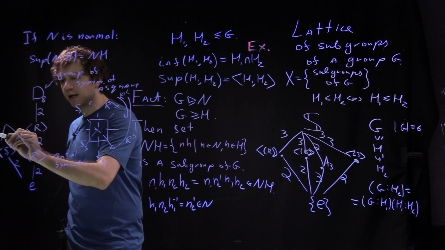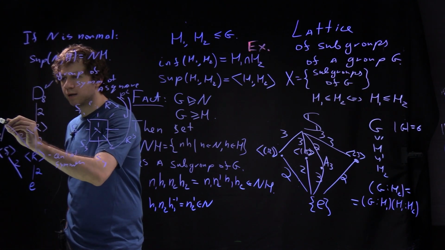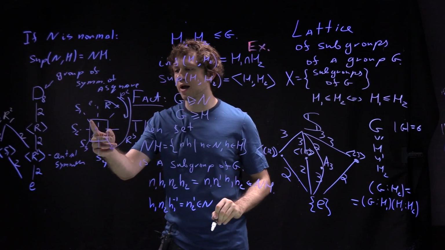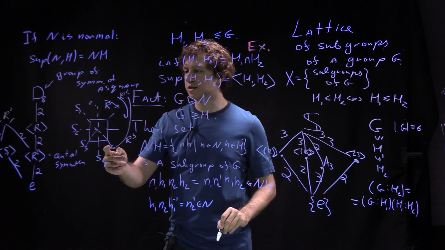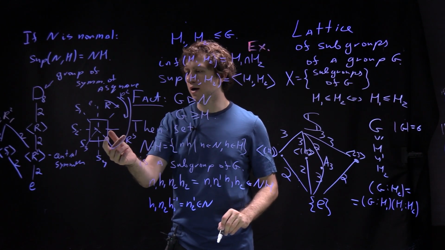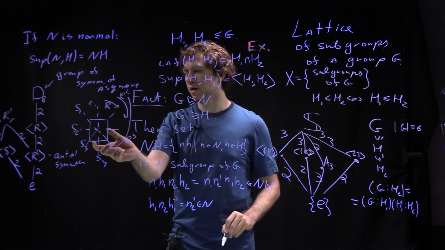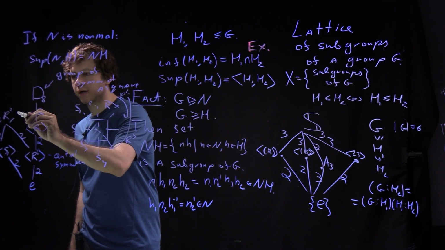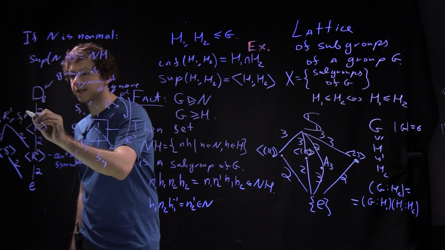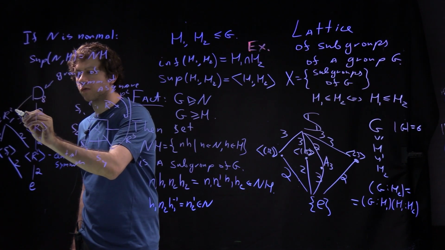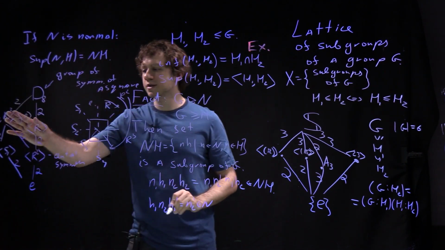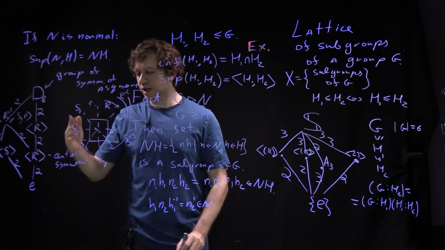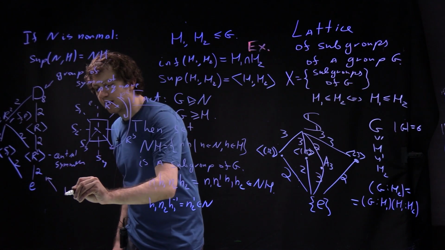This will contain S1, r squared, and it's easy to see that if you have S1 and r squared, then you actually have S2 as well, S3 and identity. Order 4, index 2, and there are some other subgroups, so there is a pretty complicated diagram here. Such diagrams are usually called Hasse diagrams.